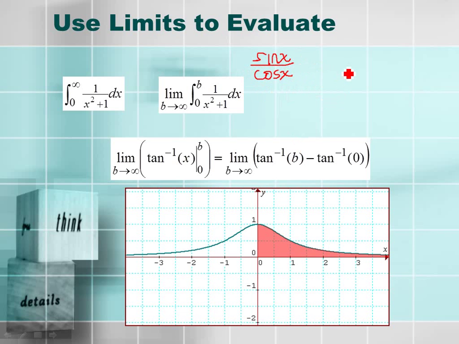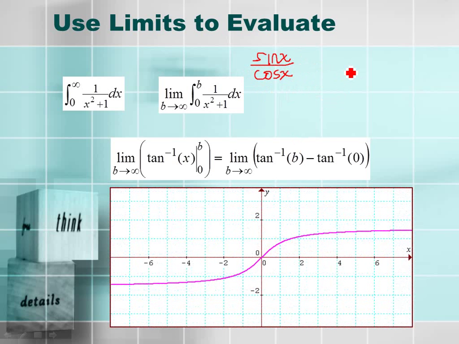Now tangent inverse, if we look at its graph, looks like this. And when we use the unit circle, tangent inverse is defined from here to there, and you have to be aware of what those values are.